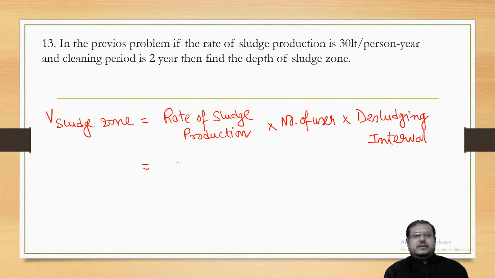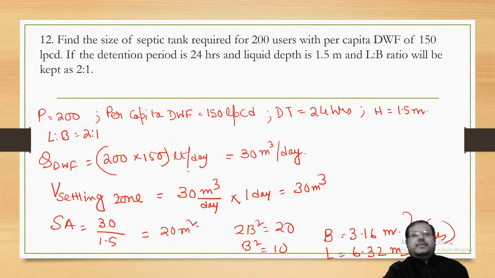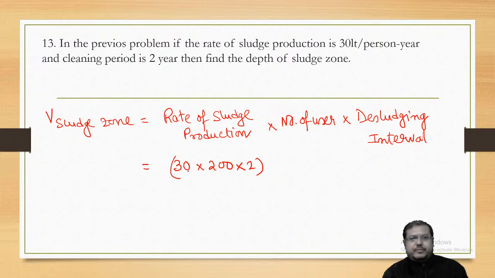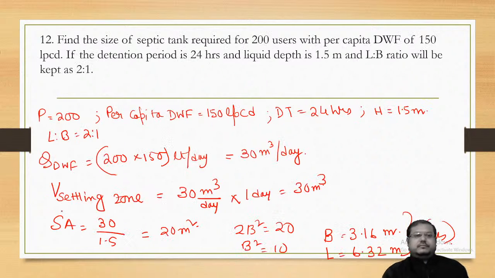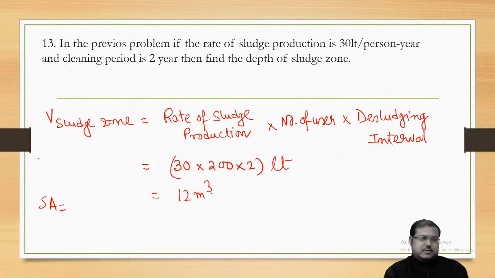Rate of sludge production is 30 liter per person per year. Number of users is 200, from the previous problem itself, because it's a continuation of the same problem. Interval is 2 years. That equals 12 meter cube. Now, as this is part of the same tank, the surface area will be the same, 20 meter square.